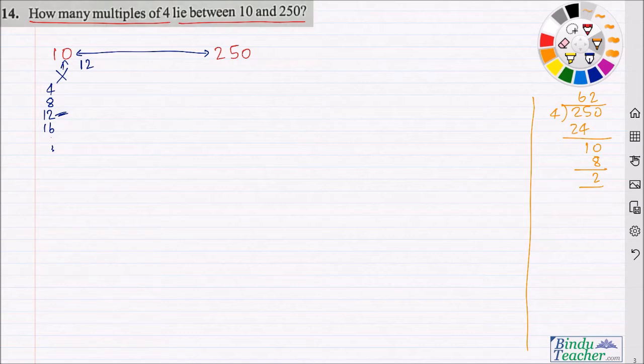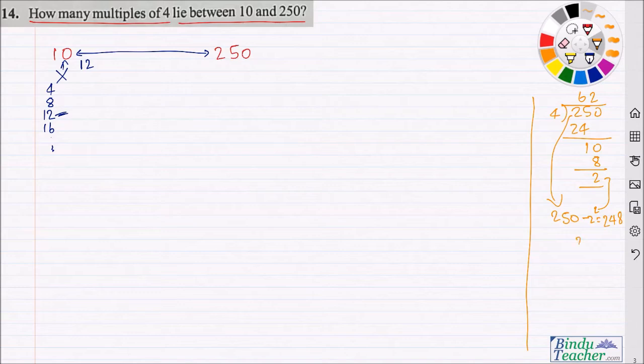So the number which is a multiple of 4 is this 250 here minus the remainder here, which is 2, which gives us 248.